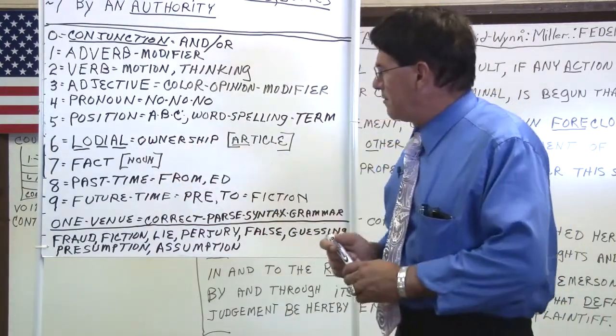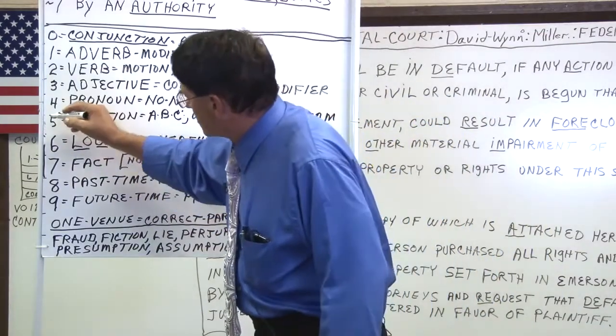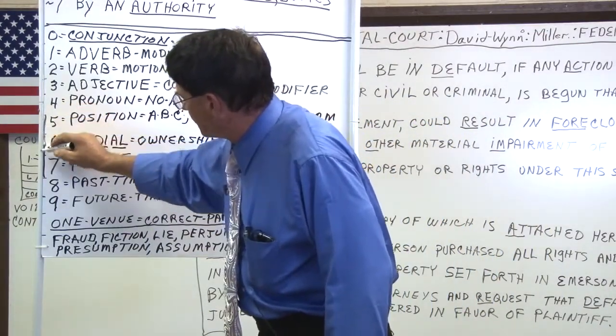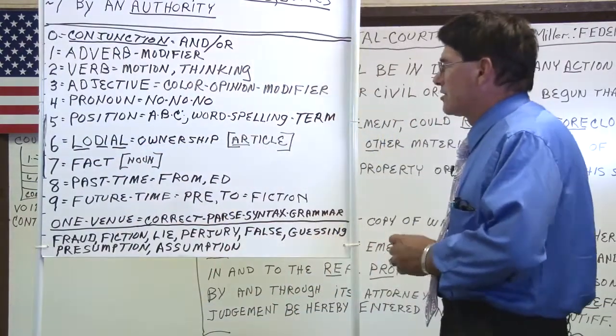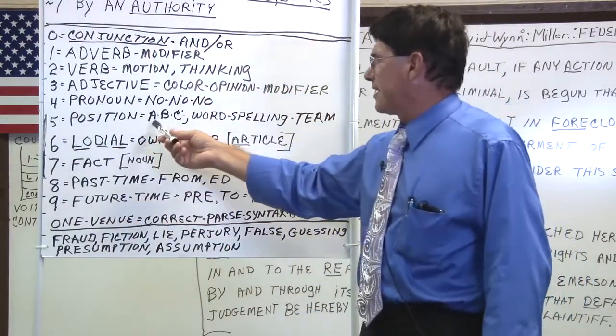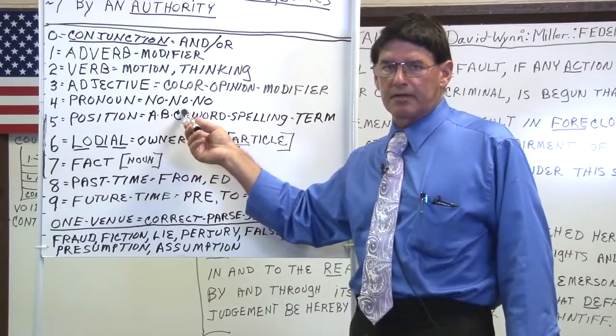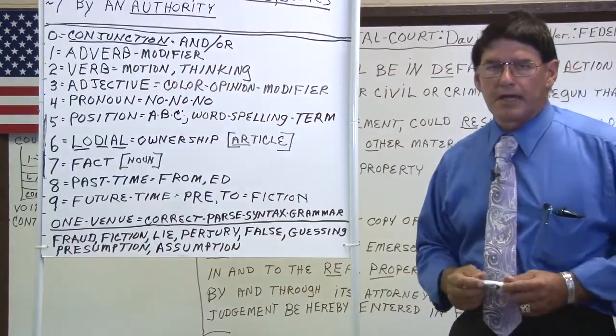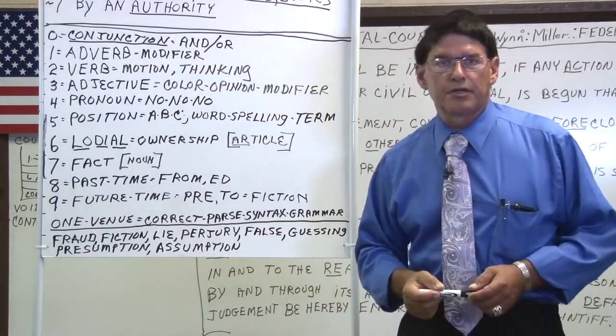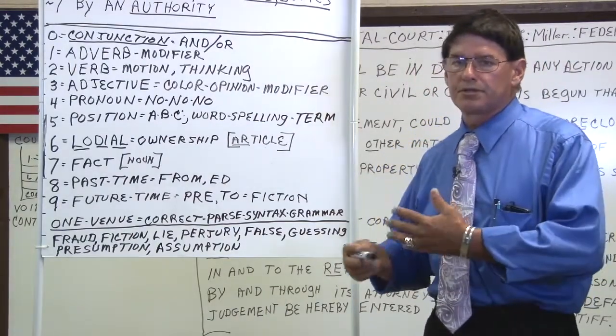Now, in the presentation of these numbers, the positional lodial fact fact, which is 5, 6, and 7. The position of a word identifies using the ABC alphabet. Now, this is between two individuals. When they come together, they have to agree on what alphabet they're going to use. If we were in China, we'd be using the Chinese alphabet.